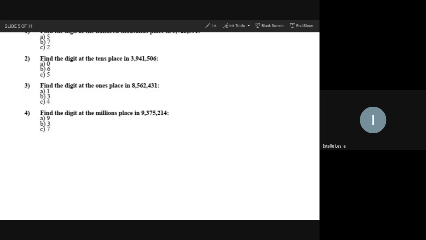So for the fourth one, we want to know what digit is at the millions place. So we can write it out, and then we have this. So 4 is at the ones, 1 is at the tens, 2 is at the hundreds, thousands, tens of thousand, hundreds of thousand, million.